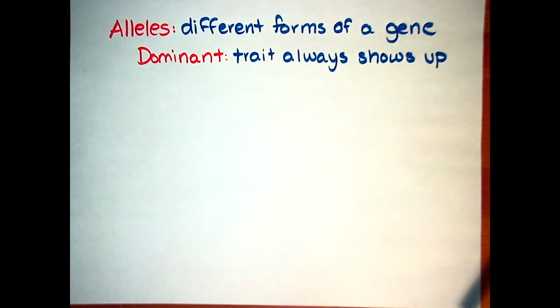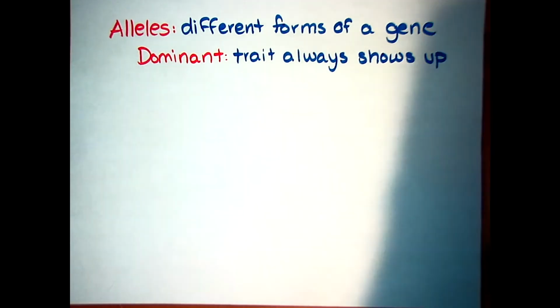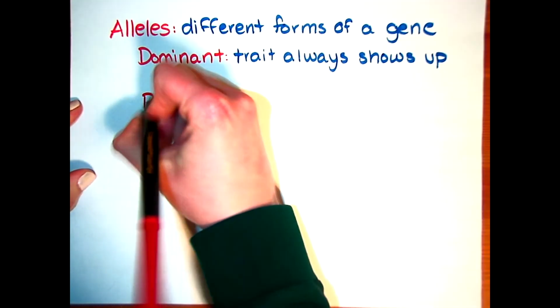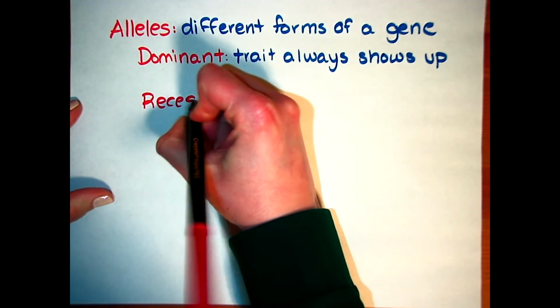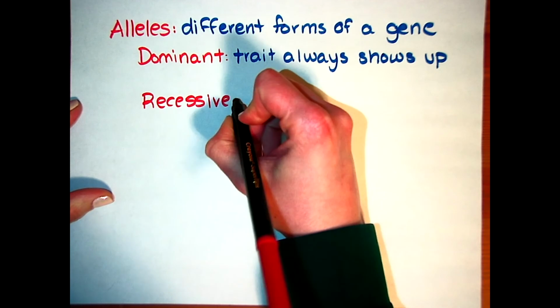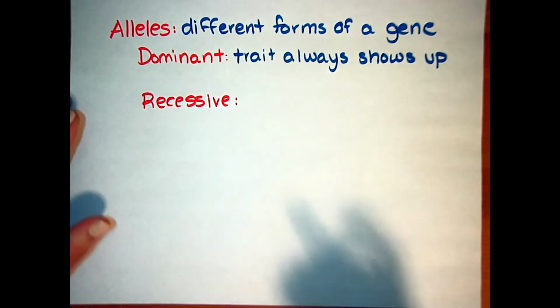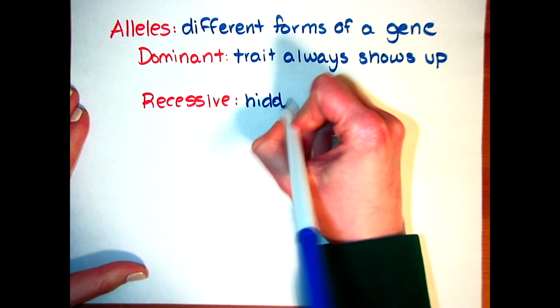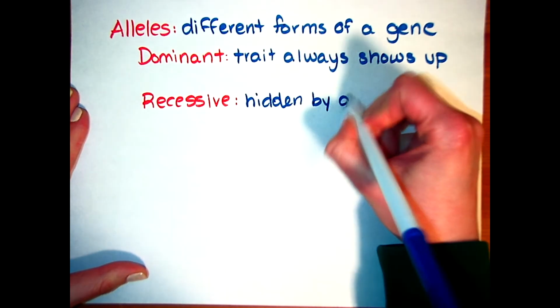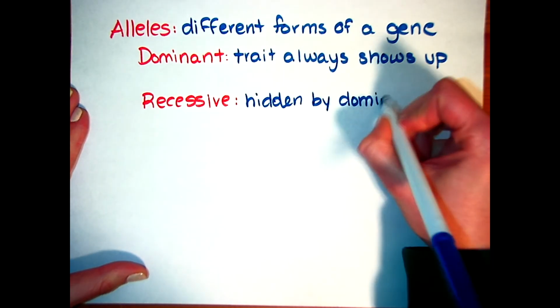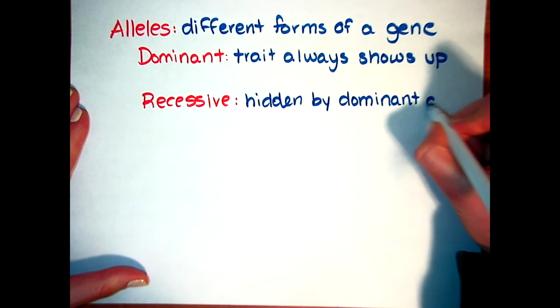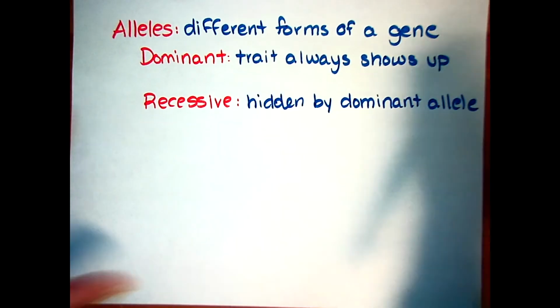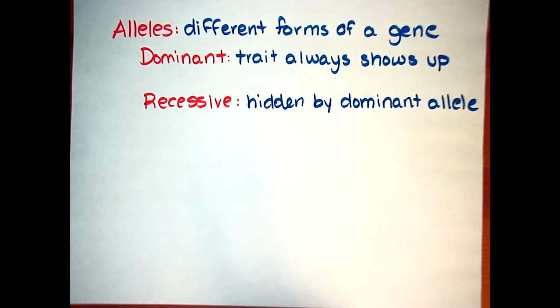You can also have a recessive allele. If an allele is recessive, it is the trait that can be hidden by a dominant allele. And we can talk about alleles being dominant and recessive, and we can talk about traits being dominant and recessive.